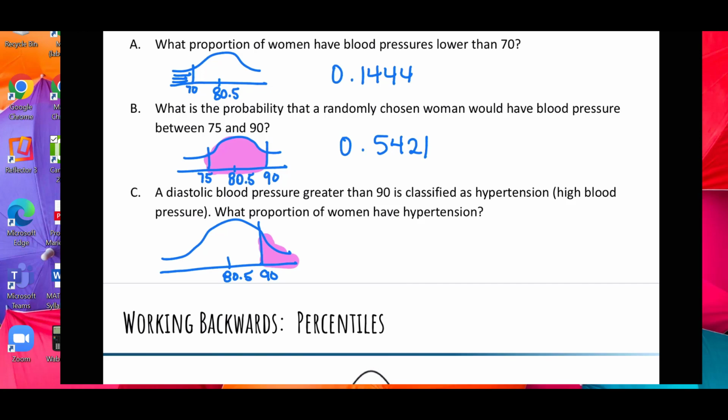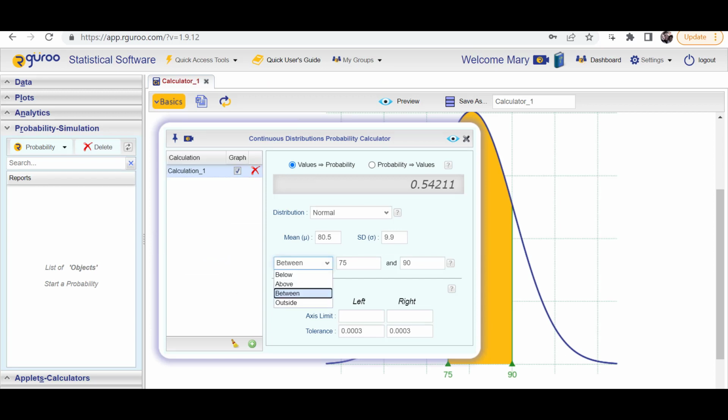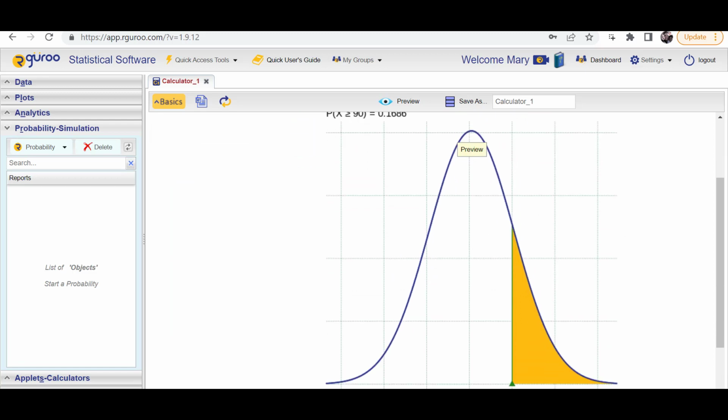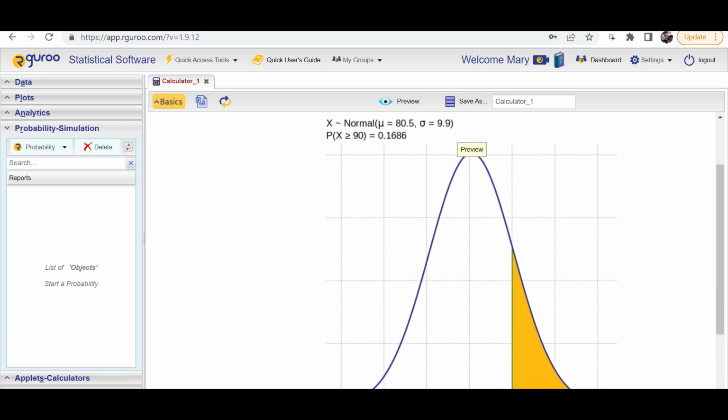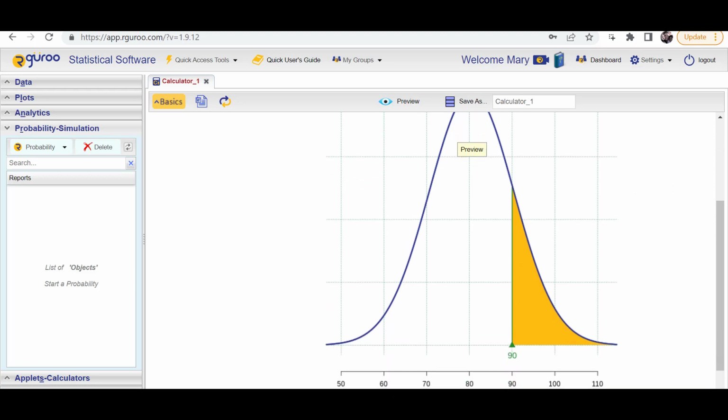So let's just quickly go back and change it to above 90. And we look at it and we get 16.86%. So a proportion of 0.1686, which is again the same as 16.86% of women have hypertension according to this graph.